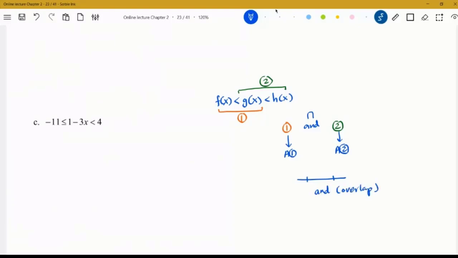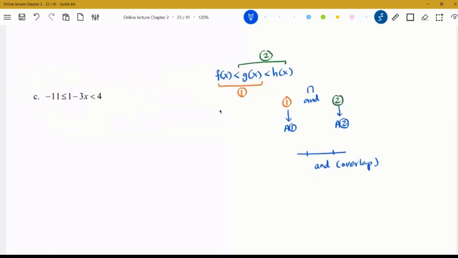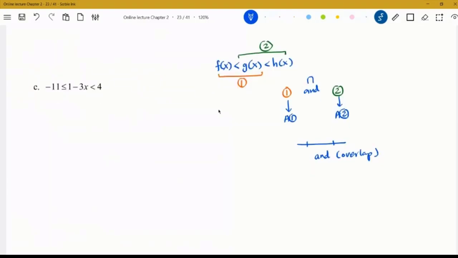Okay, kenapa saya ajar yang ini? Sebab nanti dekat absolute values inequalities kamu akan jumpa pattern yang sama. So untuk elakkan confusion, kita pakai daripada awal konsep yang ini. Okay, alright. So first case adalah we make this one as the first case. Negative 11 less than equal 1 minus 3x separated by n ataupun intersection.